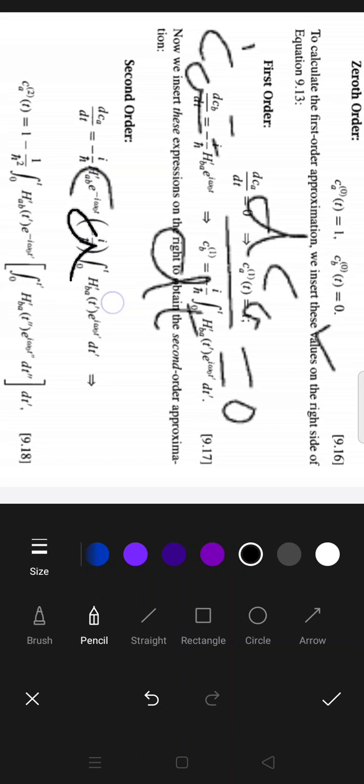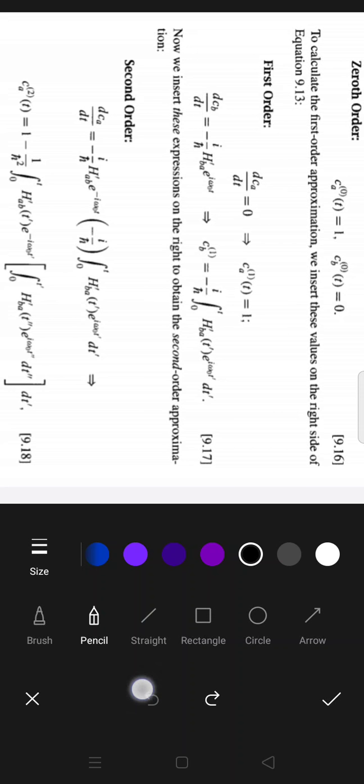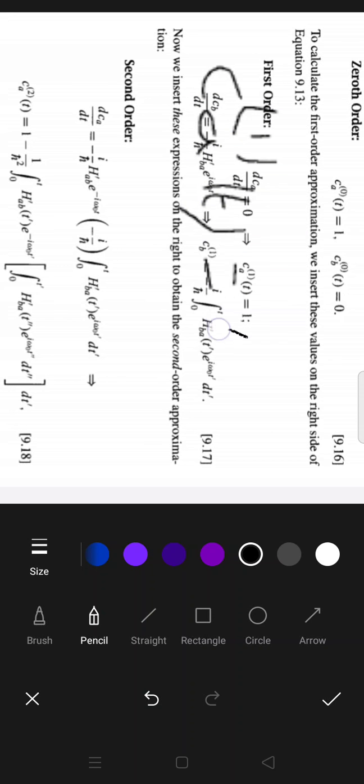Then Ca is equal to some constant, and the constant has been taken as 1. This is the first order correction of the coefficient, which is equal to 1.